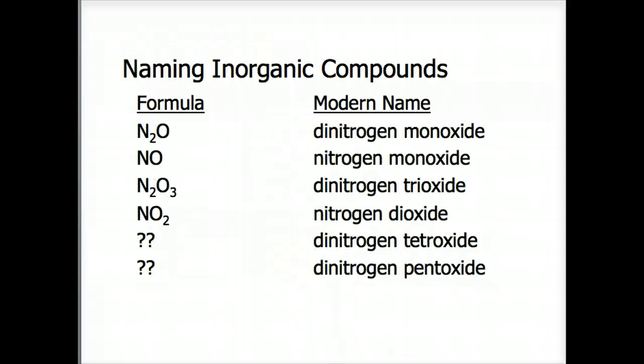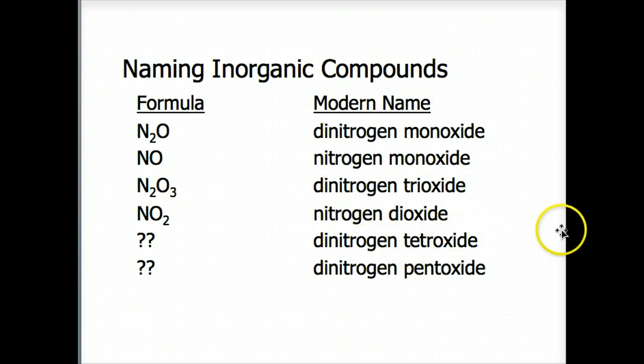How about these? Dinitrogen monoxide, nitrogen monoxide. See the difference? This one has 2 on the nitrogen and 1 on the oxygen, but this one has 1 nitrogen and 1 oxygen. There's also dinitrogen trioxide and nitrogen dioxide. So you always know how many there are.